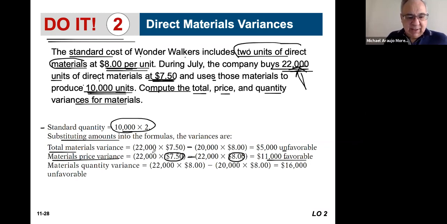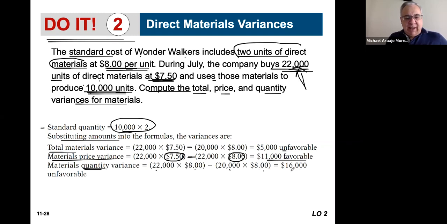That's a big savings. In terms of quantity, they actually bought 22,000 when they originally were going to set a standard of 20,000. So 22,000 times $8, actual times your standard price, minus 20,000 times $8, right, your standard price.